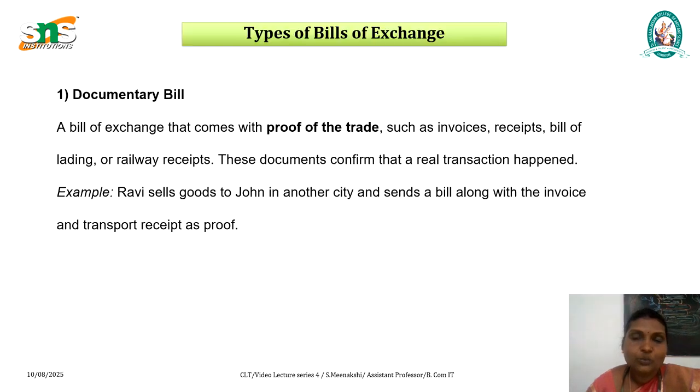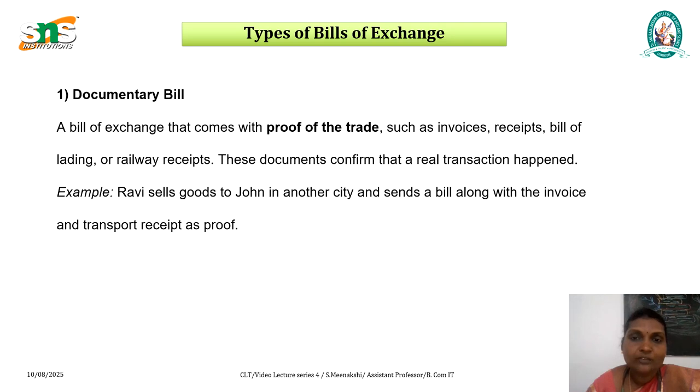Now we are going to learn about the various types of bill of exchange. According to the nature of the bill, the types vary. The first one is documentary bill. Here the word documentary means if a bill has proof of trade like invoices, receipts and bills of lading or railway receipts, etc., it is known as documentary bill.